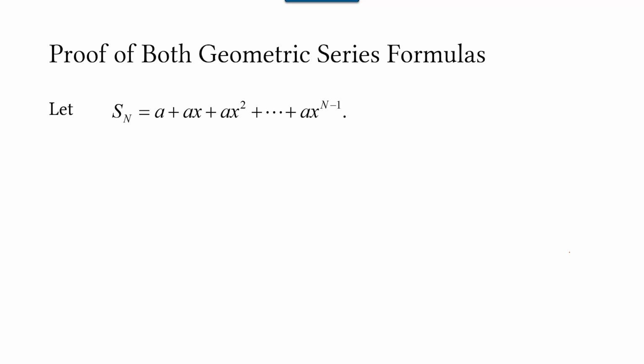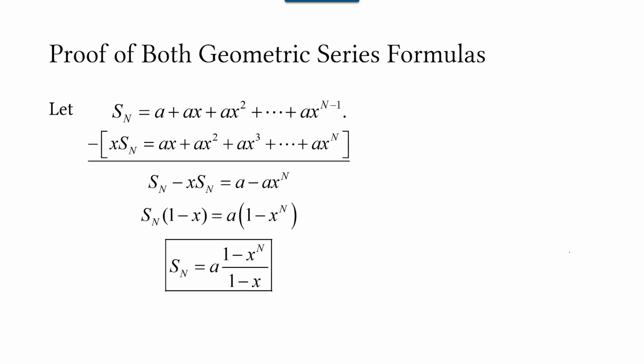So we'll start by letting S sub capital N be what we call a partial sum of the series. So this is the finite sum, a plus ax plus dot dot dot ax to the n minus 1. Now I'm going to do some kind of clever algebra using that sum.